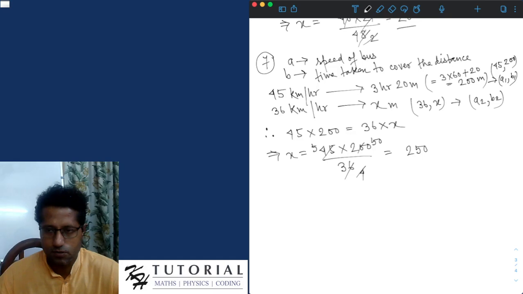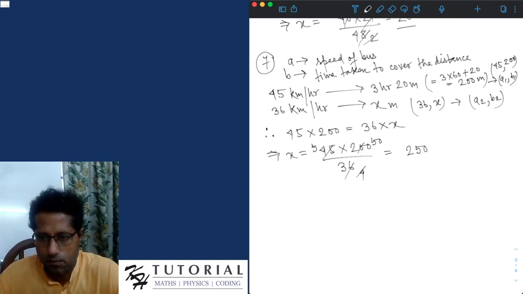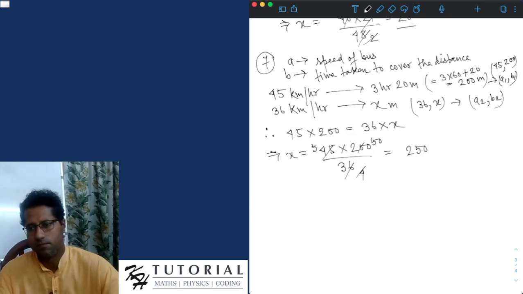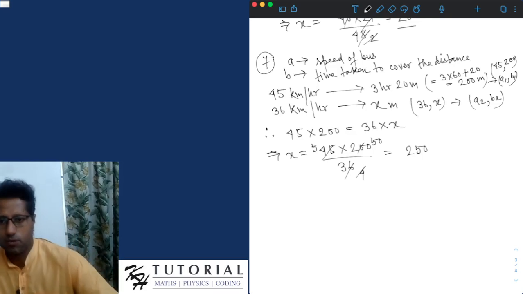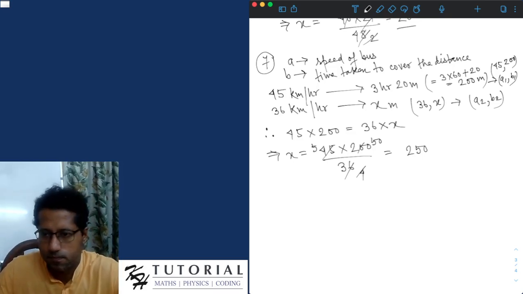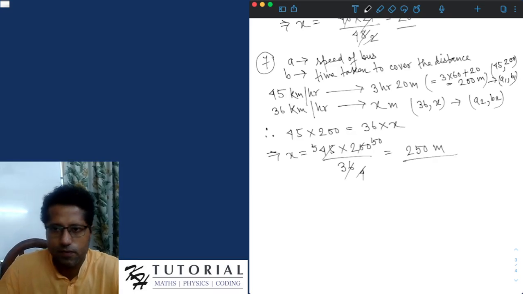Earlier it was running at 45 kilometer per hour, and it was taking less time, it was taking 200 minutes. Now if it runs at 36 kilometer per hour, which means it is running at a lesser speed, it should take more time. So it is now taking 250 minutes. So the answer is 250 minutes.